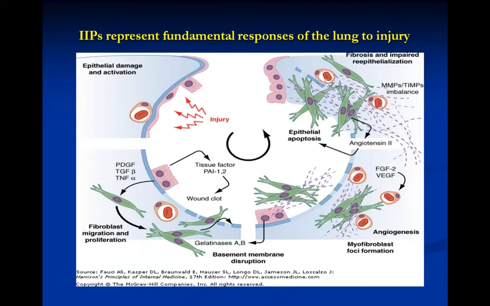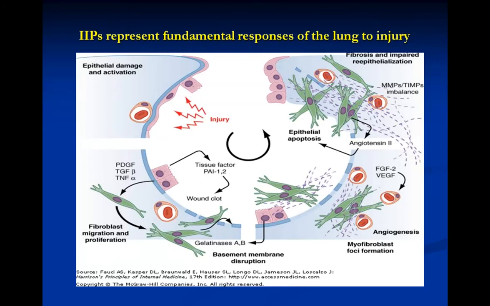So you see this diagram. Initially, when the inciting trigger, the allergen, exposes the lung epithelium, there will be epithelial damage and activation of inflammatory cells, inflammatory mediators, and fibrogenic mediators like TGF beta, TNF alpha, platelet derived growth factor, everything. All this causes chronic inflammation.